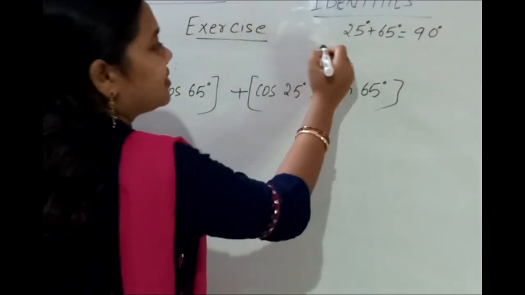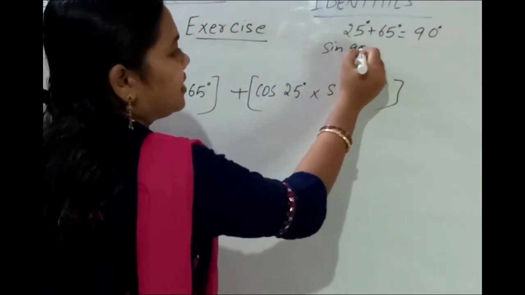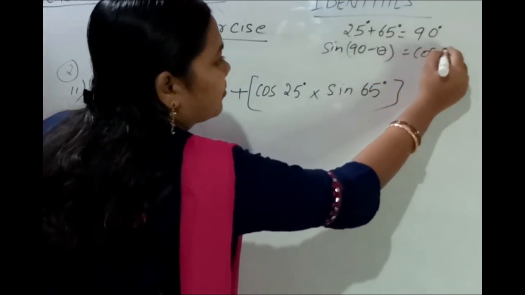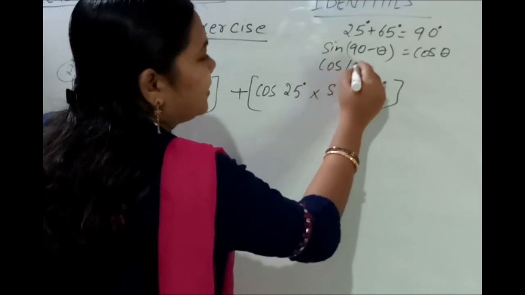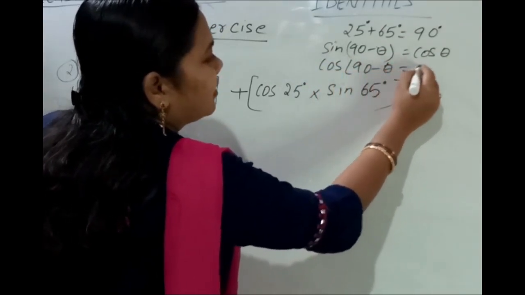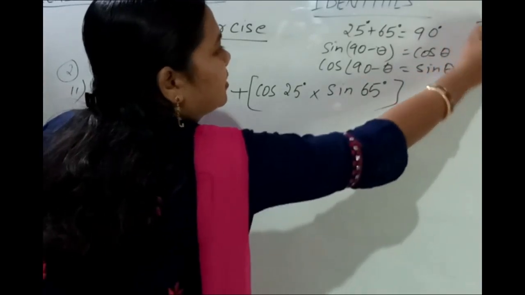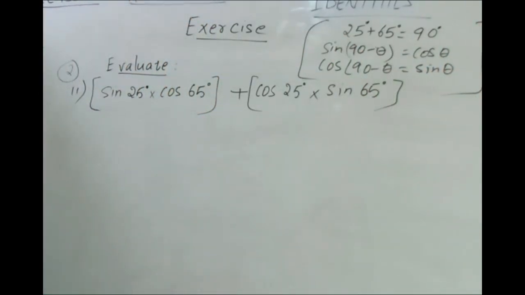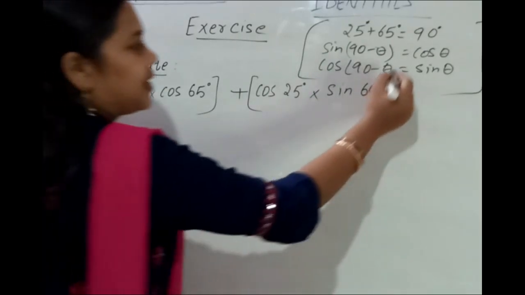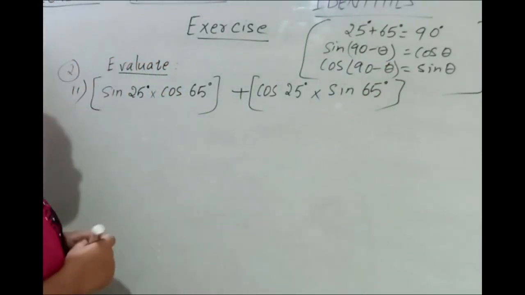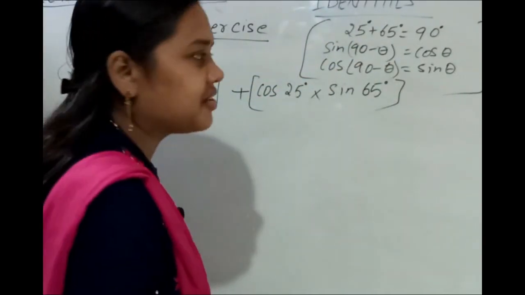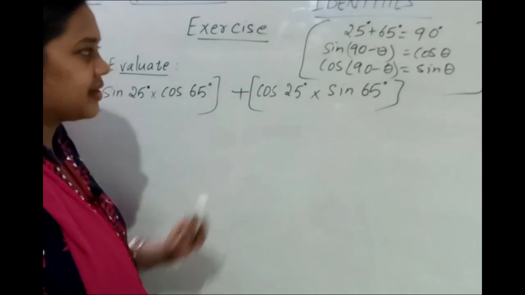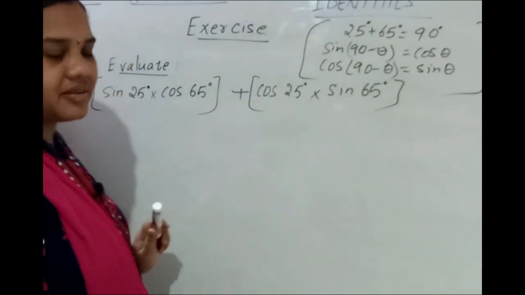We know that sin(90 minus theta) equals cos theta and cos(90 minus theta) equals sin theta. Sine and cos are complementary angles. Here 25 and 65 are complementary angles.